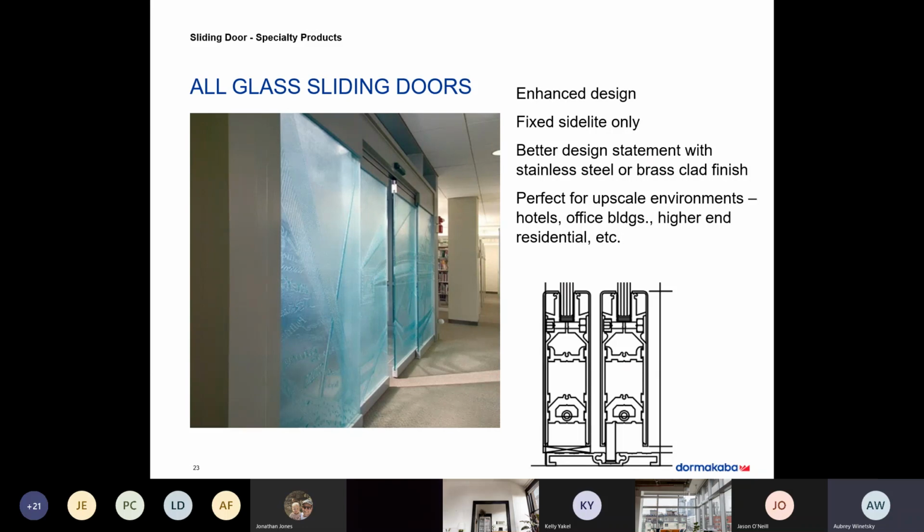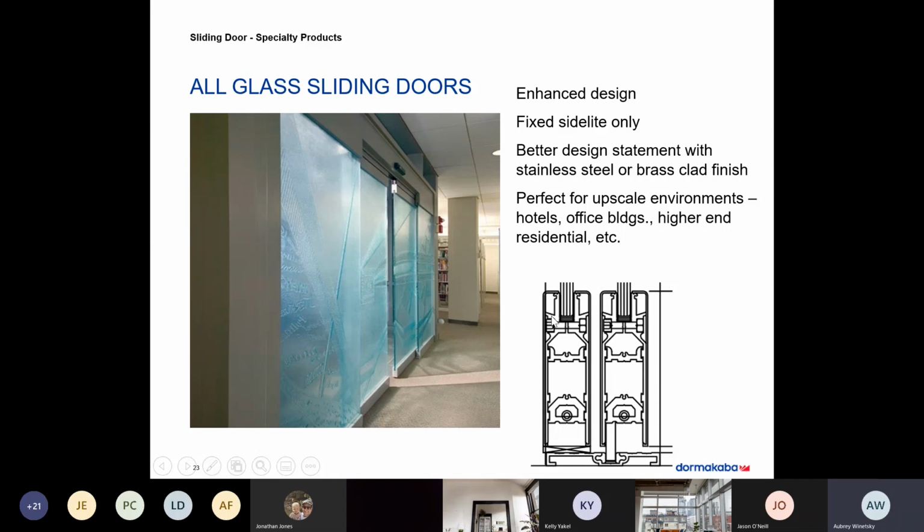While an all glass door, you want to be a little bit conscious of where you're using this if it's on the exterior. The reason I say that is because if you look at this drawing down in the bottom right, you see where the glass sits centered inside of this rail, and then the glass sits centered inside of this rail. And when the panels overlap, so when this sliding panel slides over the fixed light, you've got this gap in between where the glass panels are.